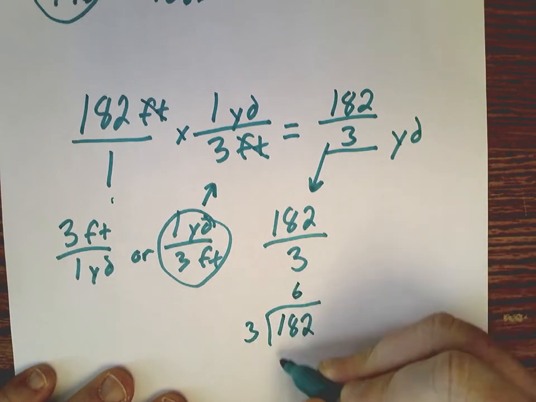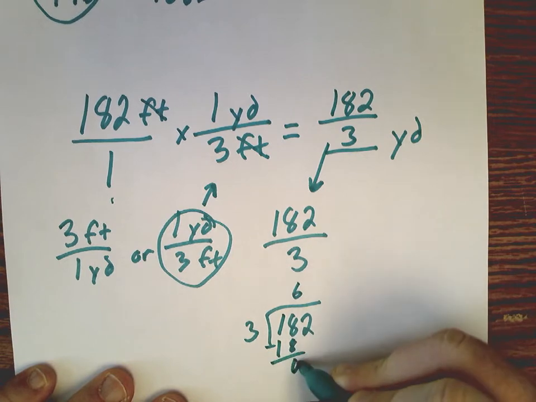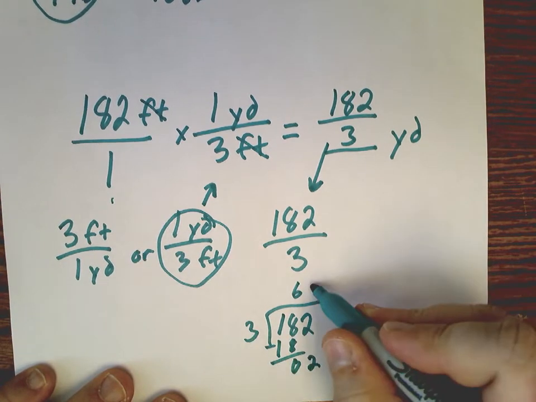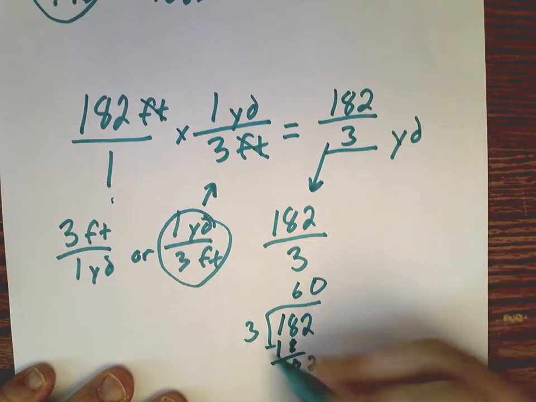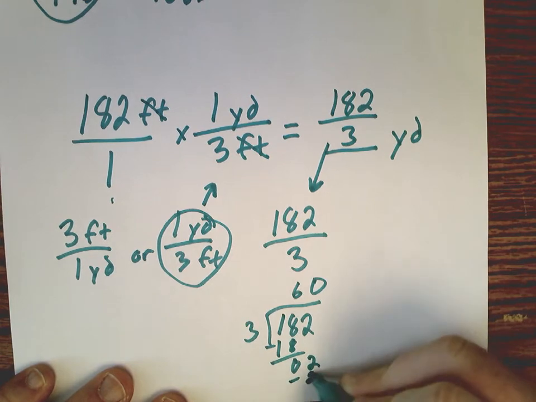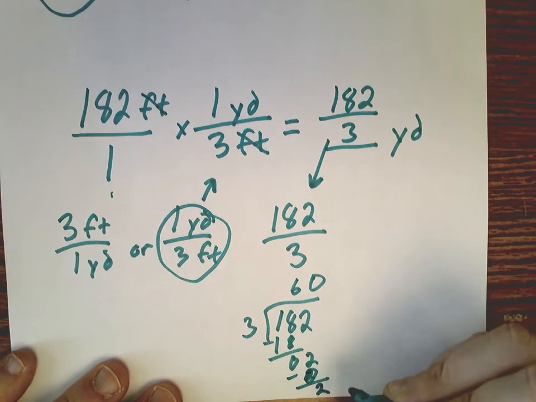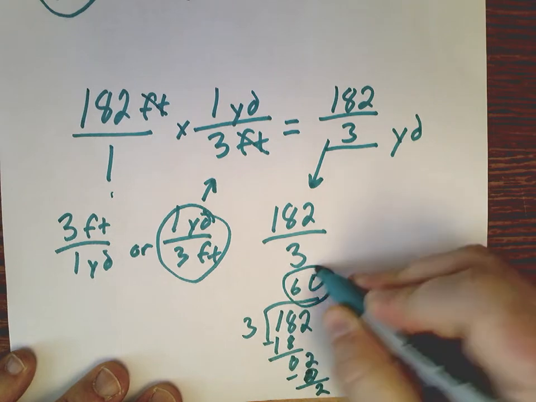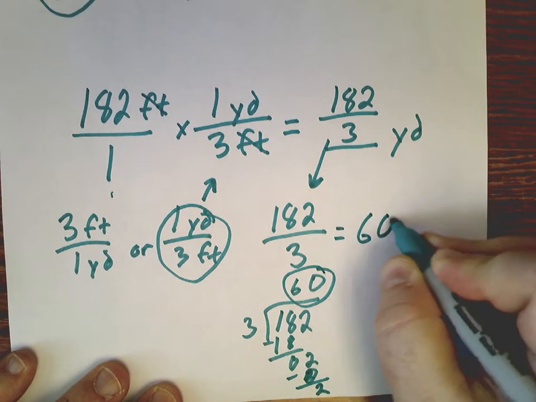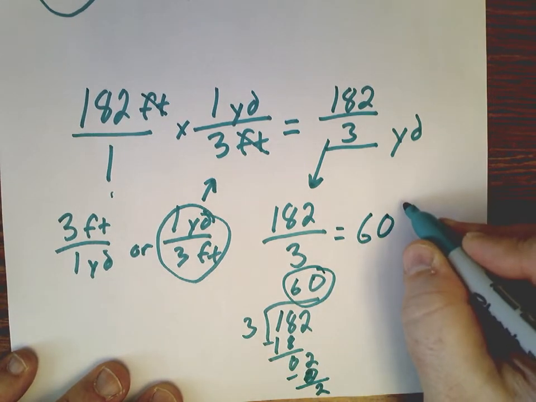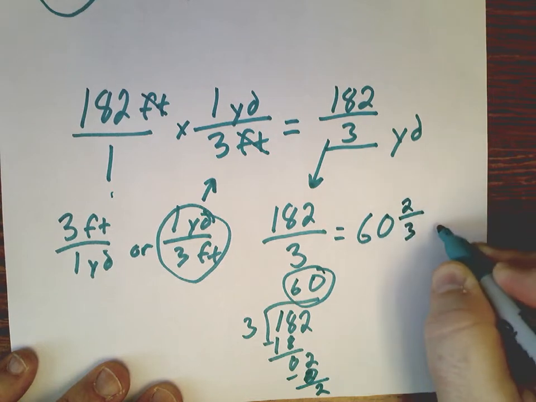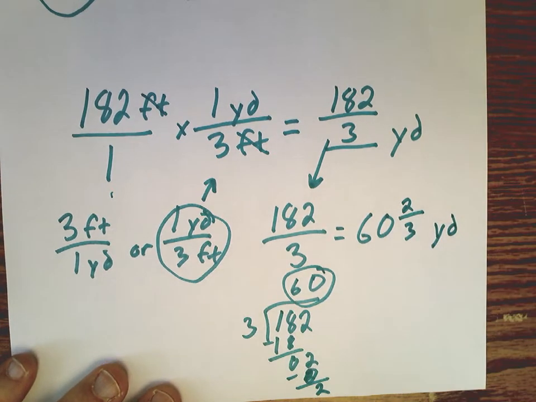So do this long division here. This is 0, and that gives us a remainder of 2, and 60 is the whole number. So that would be 60 2/3 yards.